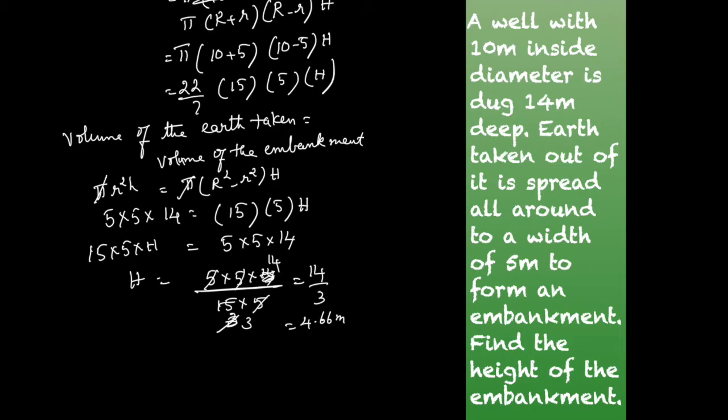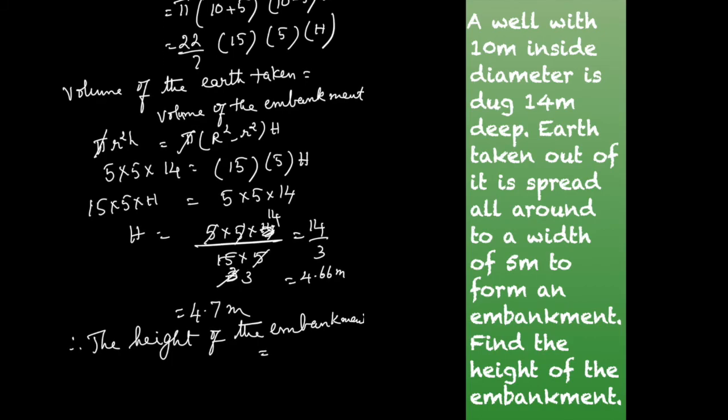Correct to one decimal place, we can write it as 4.7 meter. Therefore, the height of the embankment is equal to 4.7 meter.